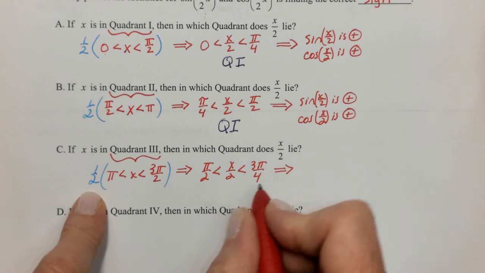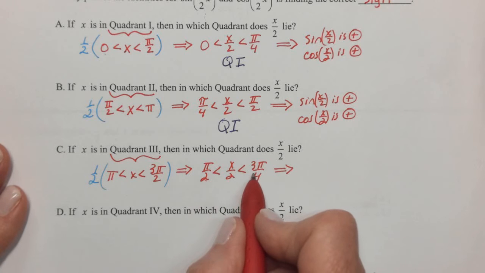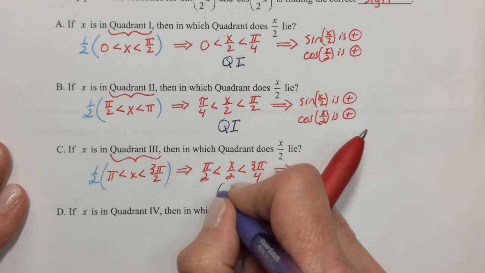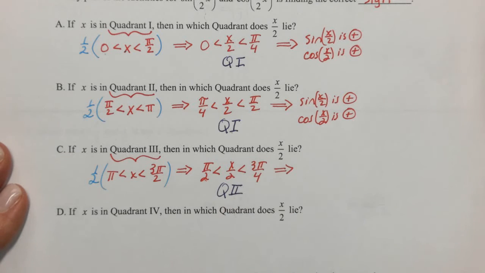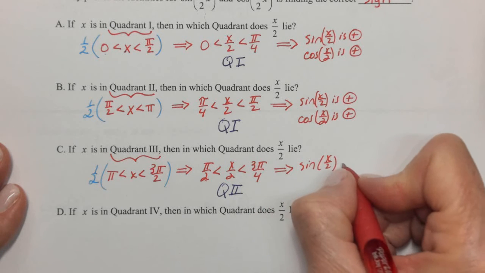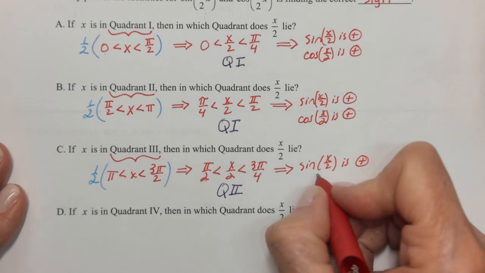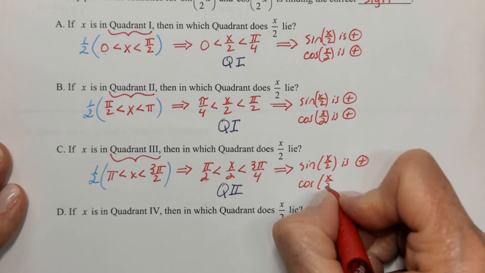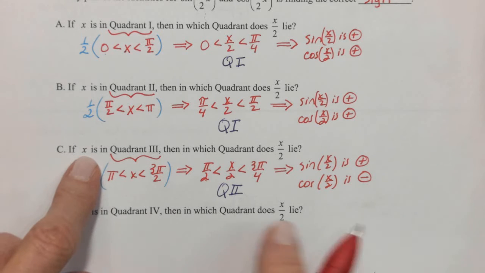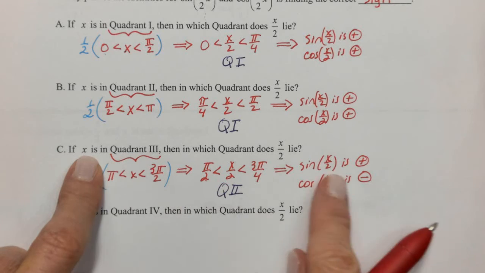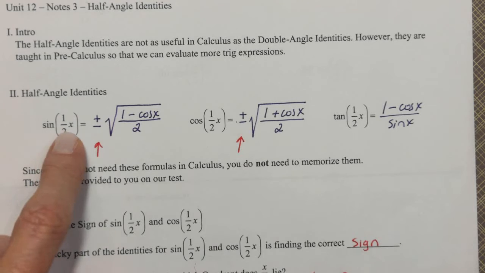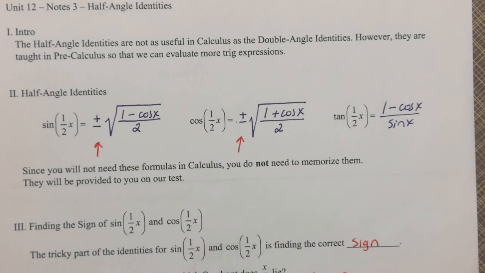And that means x over 2 is between pi over 2 and 3 pi over 4, which would put it in quadrant 2. In quadrant 2, sine of x over 2 would be positive, and cosine of x over 2 would be negative. So if they tell you that your x is in quadrant 3, you now know to keep the positive on sine of the half angle, but keep the negative on the cosine of the half angle formula.